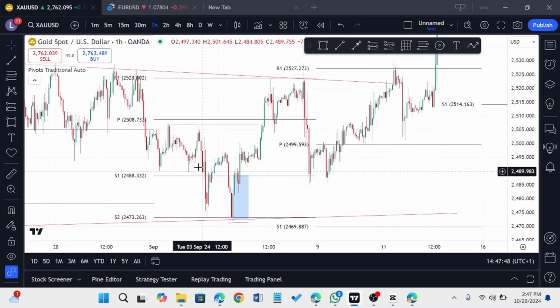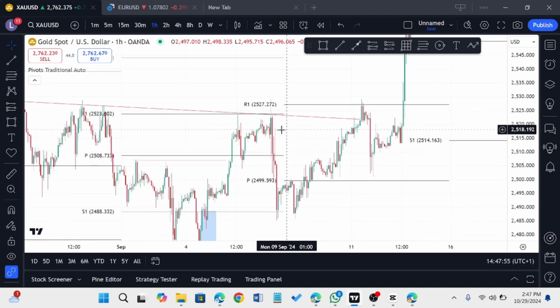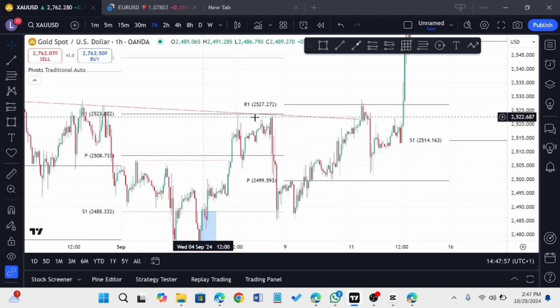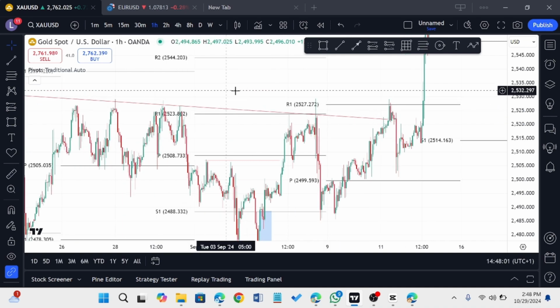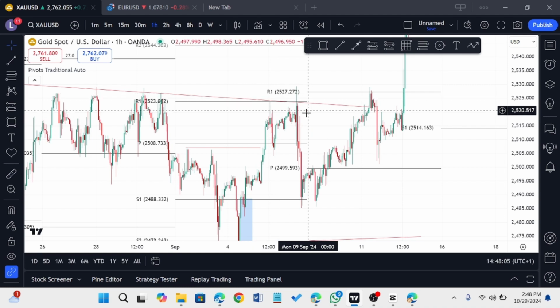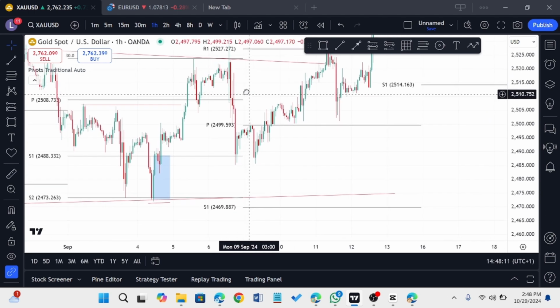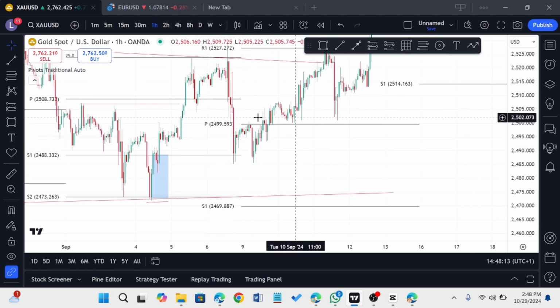And we bought, and you can see price reacting from the R1, which is the pivot resistance level R1, and it's also in correspondence with our trend line. You can see the trend line right here. Price reacted quickly from the trend line, and you can see this quick drop right there back into the central pivot.